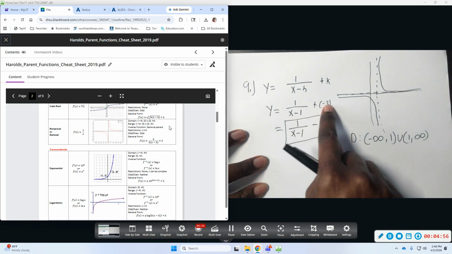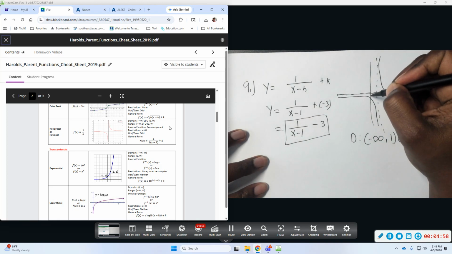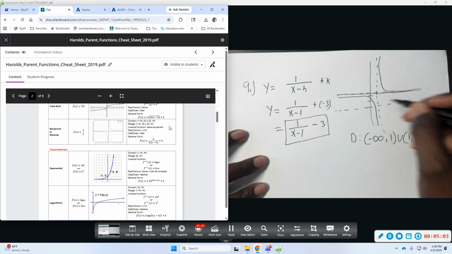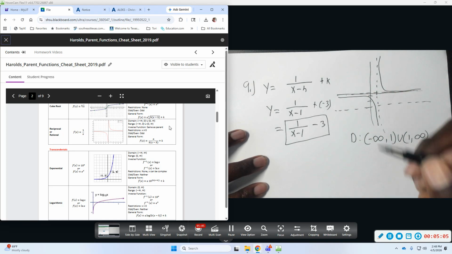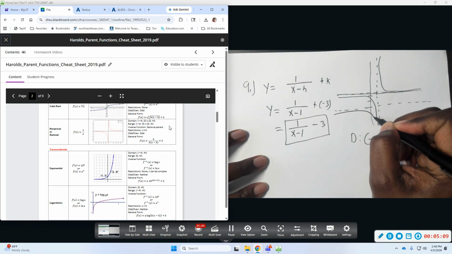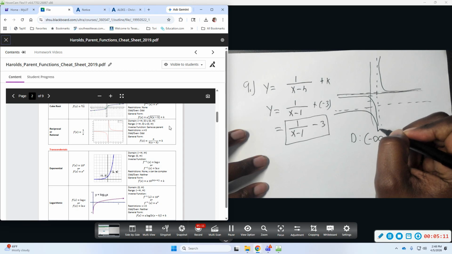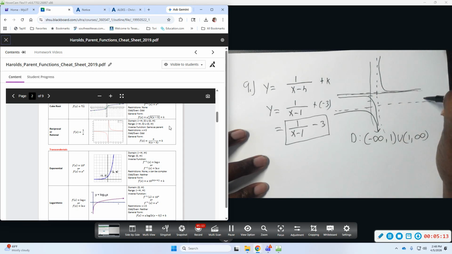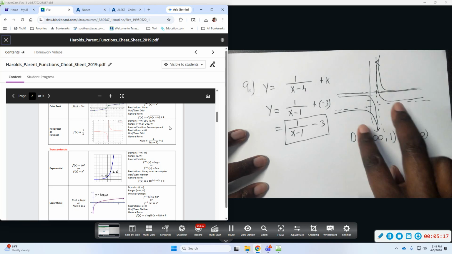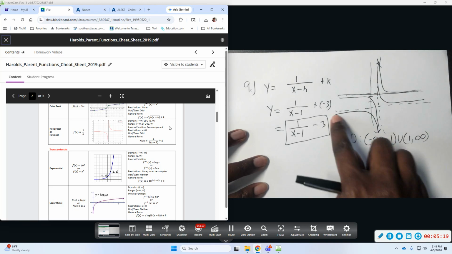But the minus 3 is going to shift it down 3 units. So 1, 2, 3. So instead of the lines that I just drew, our graph is actually going to go horizontal to that line and then go down. And then it's going to come horizontal to this line and curve up. So it got shifted down 3 units.